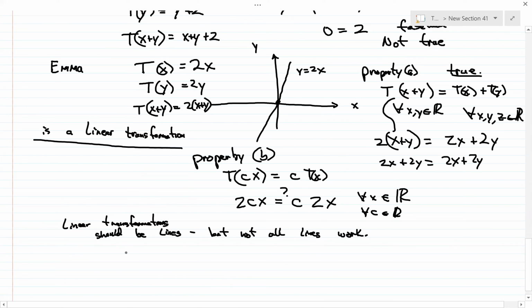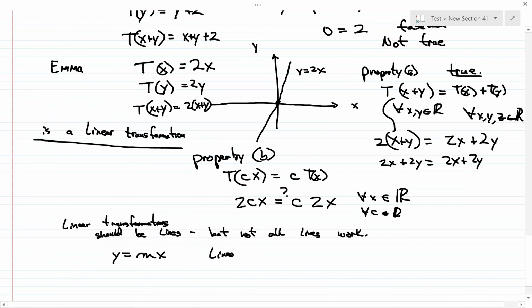So which lines? Well, let's just generalize what Emma did. Lines that look like y equals mx. In other words, the y-intercept has to be 0, or in other words, the line has to run through the origin.